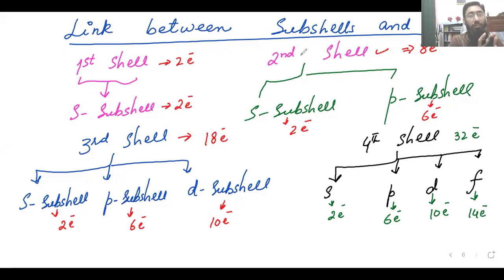Sometimes we miss subshells, we ignore subshells, and we try to put electrons directly in shells. Sometimes this works, but sometimes when a student tries to put electrons directly in shells, he commits a mistake. So to be on the safer side, I am going to share with you about subshells. And this is not difficult.